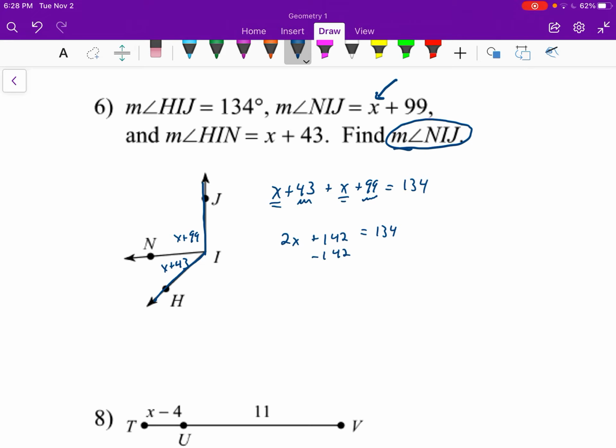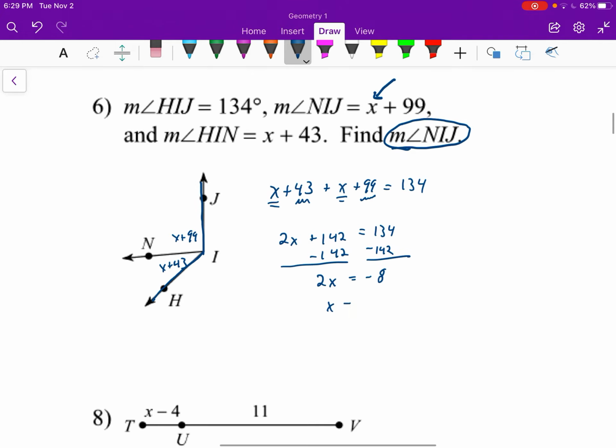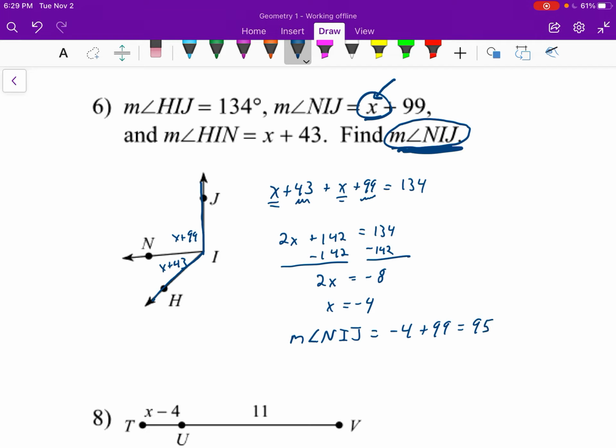Subtract 142 from both sides, and we get 2x is equal to -8. Divide by 2, x equals -4. And then we're going to plug that back in to find the measure of angle NIJ. So we put -4 in for x, plus 99 is equal to 95 degrees.